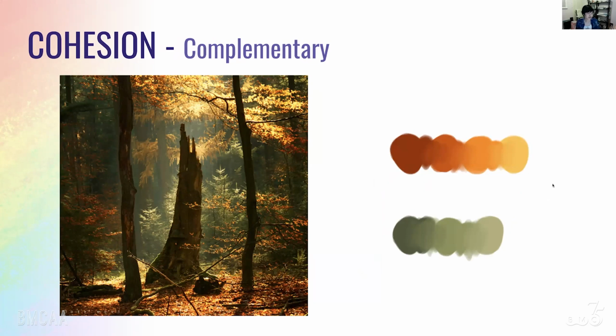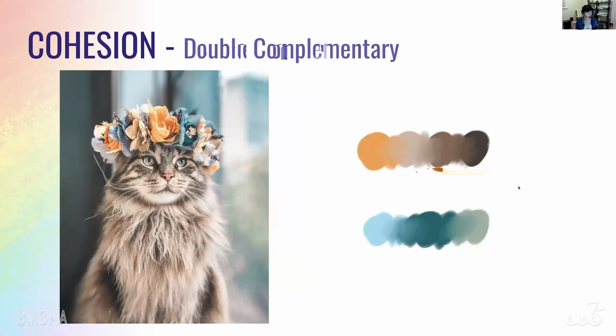And then you can also try a double complementary color palette. I use this actually quite a bit, but at this stage, you might start having your palette fight amongst itself. So you want to make sure that some of the colors are pretty desaturated. So there's orange from the flowers, and I just color pick all these from the photo themselves, by the way.